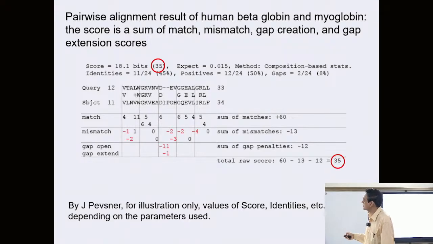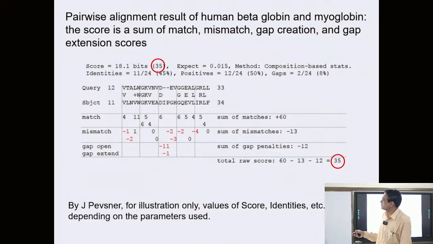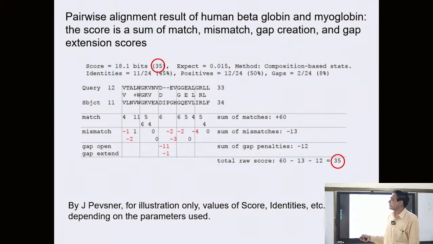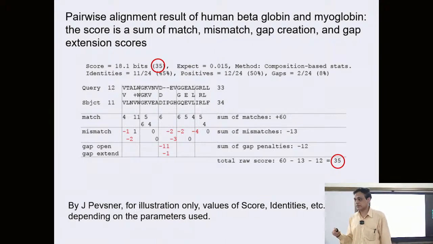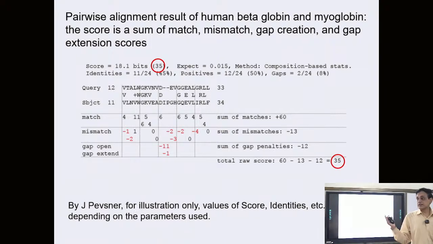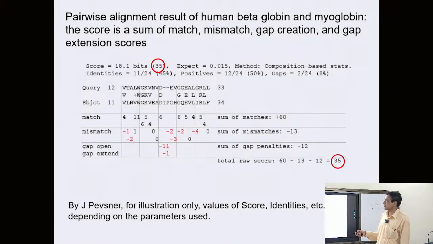B aligned to B gets some score, and that is 4. T aligned to L gets a score of -1, and so on. So scores for matches, where matches means identical residues aligned against each other, mismatches, which means different residues aligned against each other, and then gaps. All these scores have to be added, and that would be the score for the alignment.